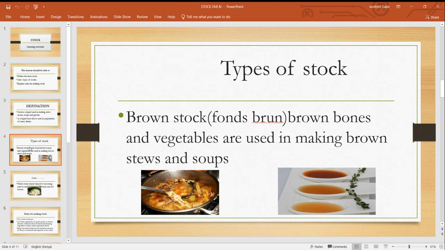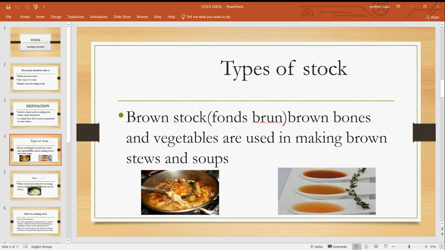Maureen, if you can see the slides, you can read for us what brown stock is. Yes, thank you, Maureen. So, brown stock is used to produce stews, especially when you are doing the brown beef stew.